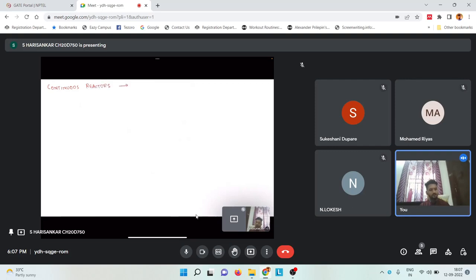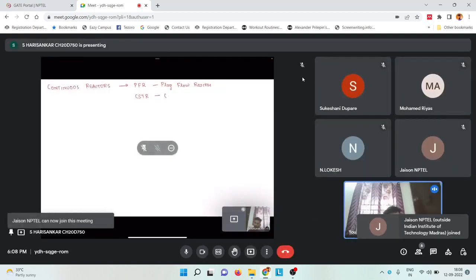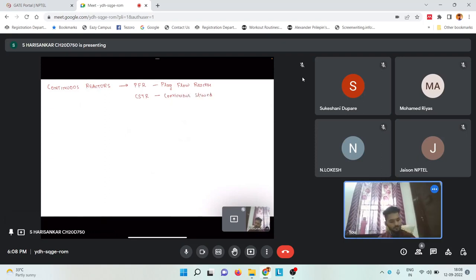The continuous reactors are PFR or plug flow reactor, or CSTR, which is continuous stirred tank reactor.